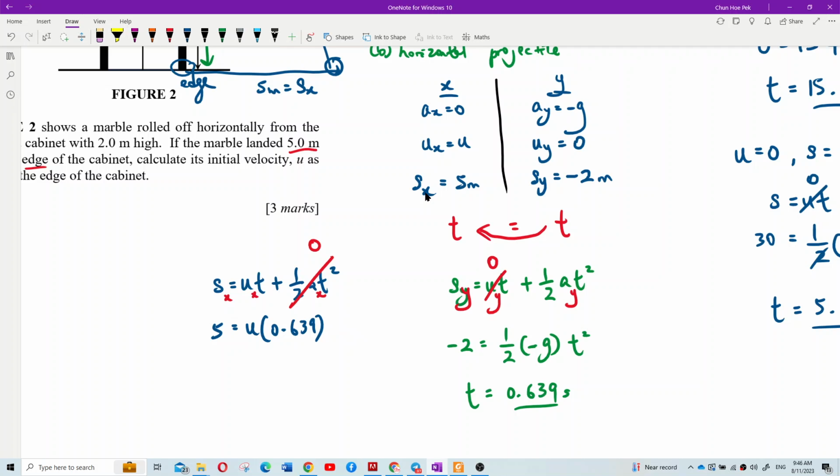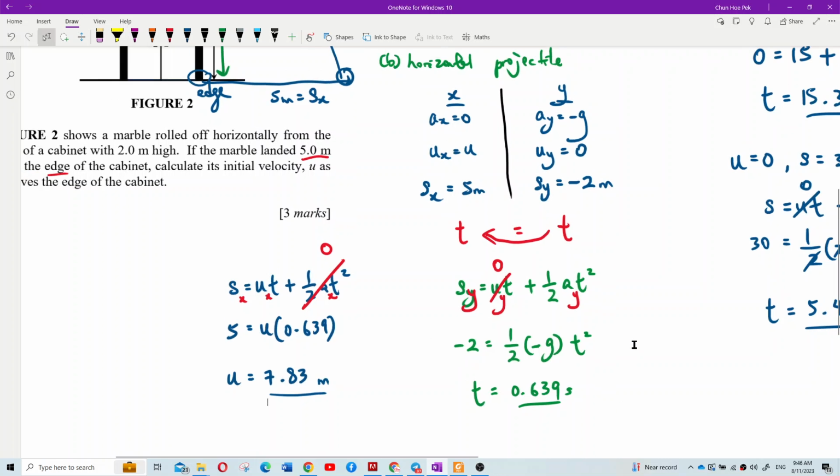Remember that? Constant velocity. So find my u. Okay. So my u is equal to 5 divided by your answer. Yeah, 7.83 meter.